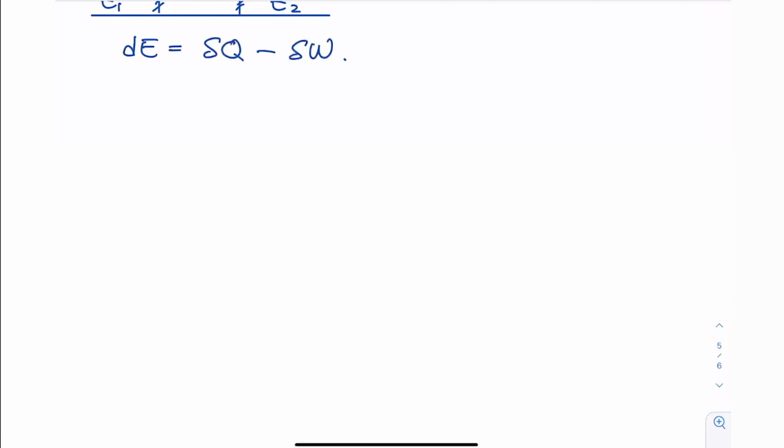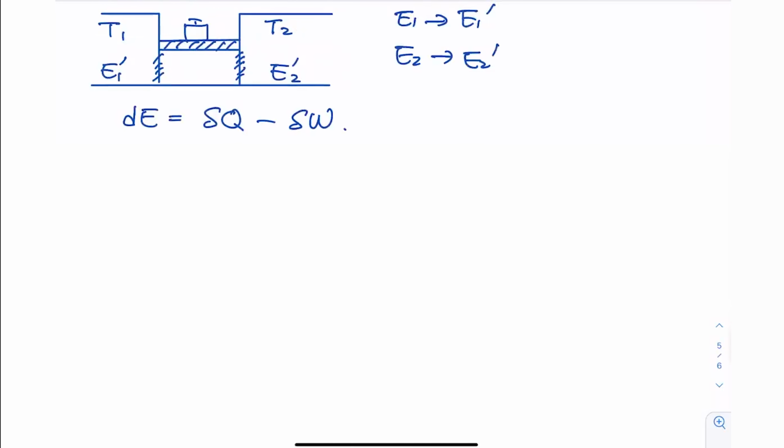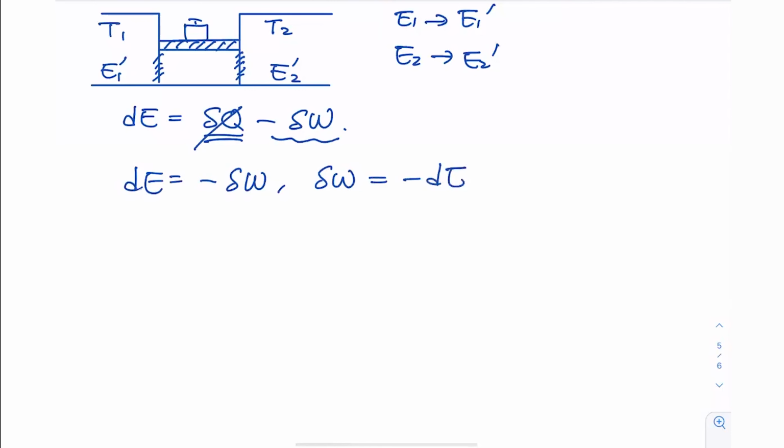As we mentioned, because our system has no exchange of energy or heat with our environment, the only way that it can exchange things is through the work that is done. So the change of energy is basically minus delta W, or we can say this delta W is minus dE.